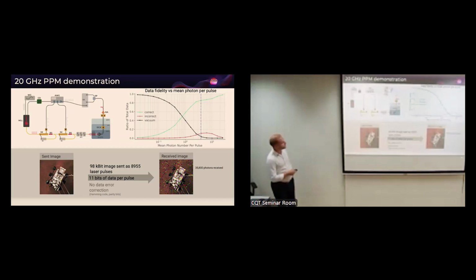So this was an image of the Mars rover encoded with this detector and reconstructed. This is with no error correction, still able to recover the data at 20 gigahertz. So this is a preview that you could also do quantum comp at those rates if you wanted to.